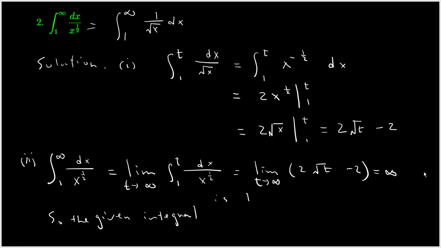You can just say it's divergent, or more precisely, you can say the integral diverges to infinity. It means the area under the curve from 1 to infinity is infinity. It's not a finite number.